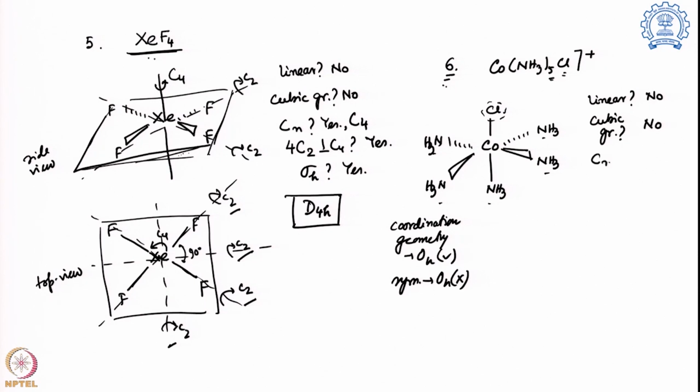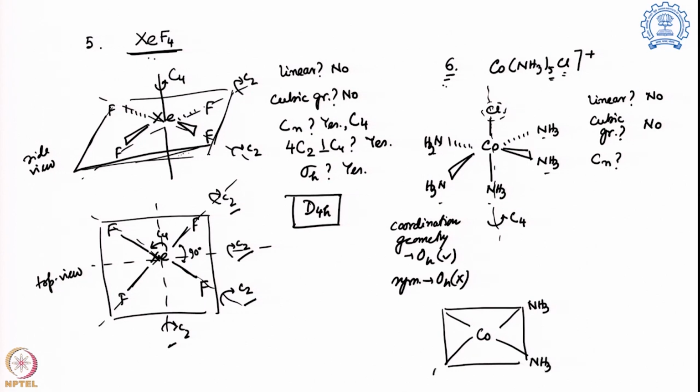Then comes the question: what is the principal axis of this molecule? The principal axis goes through the chloride, cobalt, ammonia system, and it is a C4 axis, a 90-degree rotation. If I take a look from the top view of this molecule, I am going to see a cobalt over here and all ammonia sitting in what is called the equatorial plane, and the axial position has chloride, and also an ammonia at the bottom, but they all belong to this one particular line.